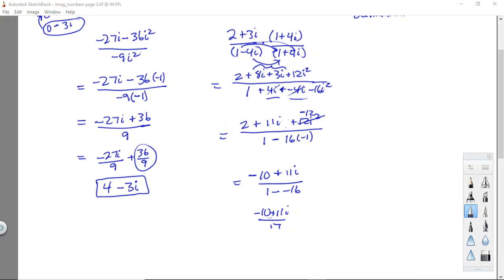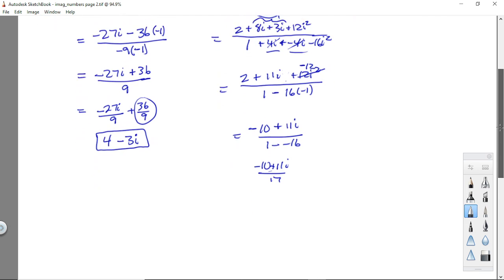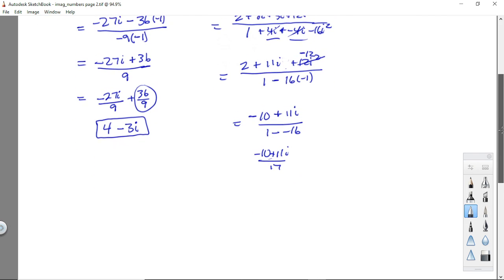And now we should write this the way they're traditionally written, and there's no reason to buck this attitude. So we split this into the two fractions.